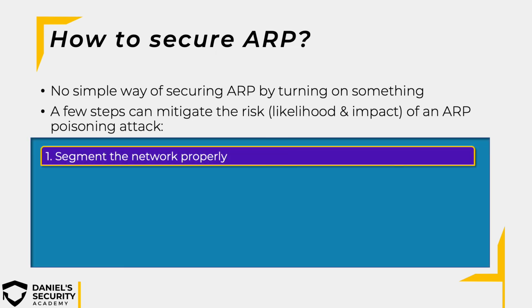And first one sounds like a no-brainer, but segment the network properly. Make sure clients are isolated from each other if possible, or at least make the broadcast domains as small as possible.